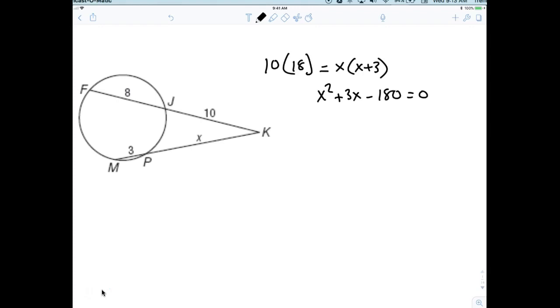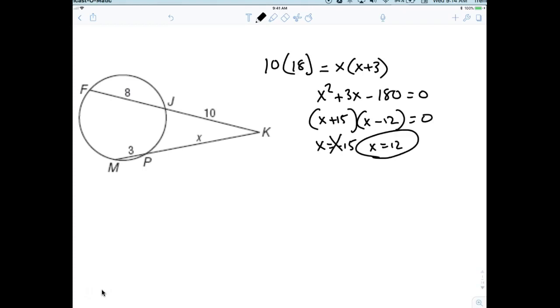I want you to practice using your calculator right now. Although this does factor, right? So it would be x plus 15 and x minus 12. So x equals negative 15 and x equals 12. Negative 15 is your extraneous solution. So 12 is your answer.